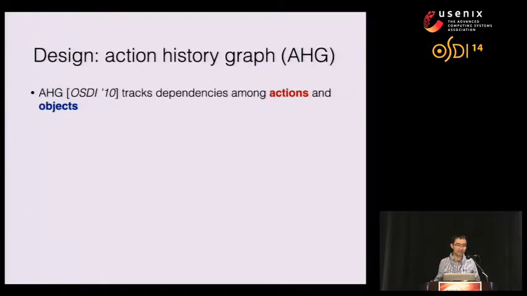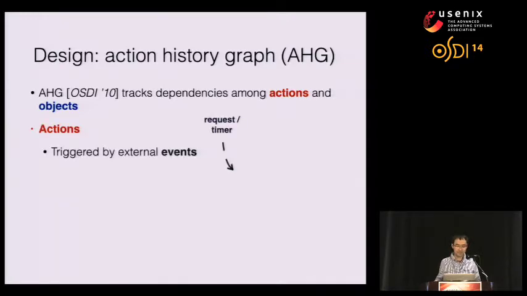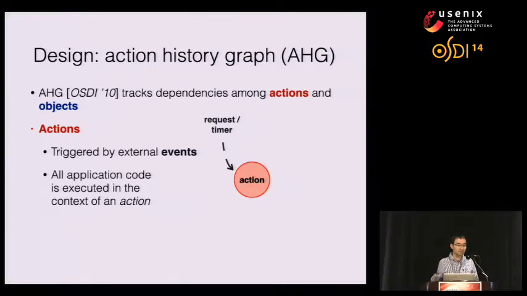So the core in Rail's design is an action history graph, which keeps track of the dependencies among actions and objects. Actions are triggered by external events, such as requests from the clients or the timer in the server. Whenever a request comes in, Rail will create an action, and all the application code that serves these requests will run in the context of this action.